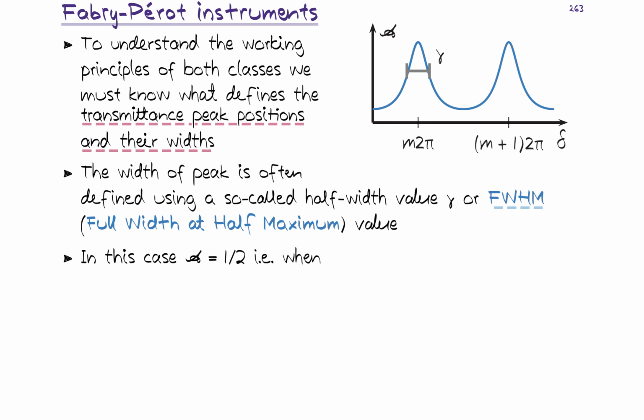So mathematically, I can define this half width value gamma by just looking at the locations where the Airy function gets a value of 1/2. And hence the name, that's why it's called the full width at half maximum value. So now we have coefficients and equations where we have the sine squared of my phase difference delta over 2, and this is 1 over F essentially.